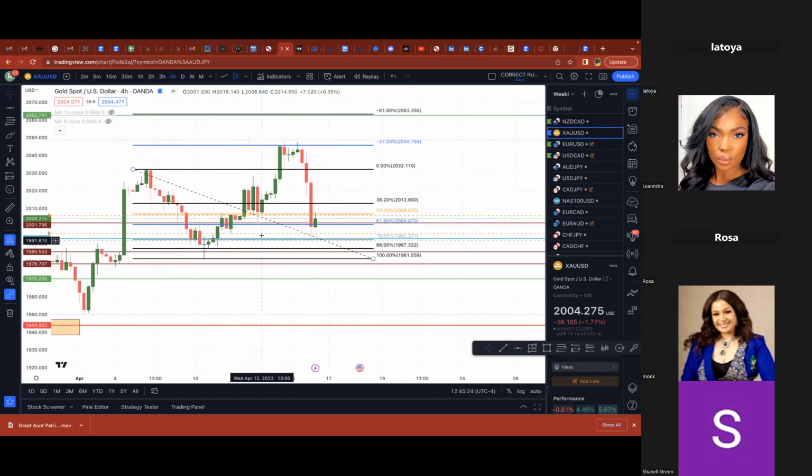Like move your stop loss higher, like to the negative 61.8, or a little bit below the negative 61.8. The reason being is because sometimes it can come back to the negative 61.8, just like it did right here, and then shoot up. So sometimes I don't even move my stop loss. I just keep it at the 88 and just let price play out.